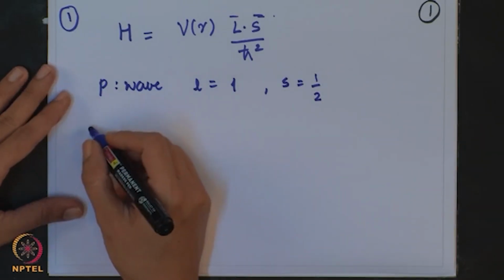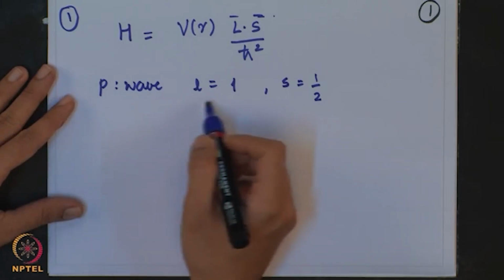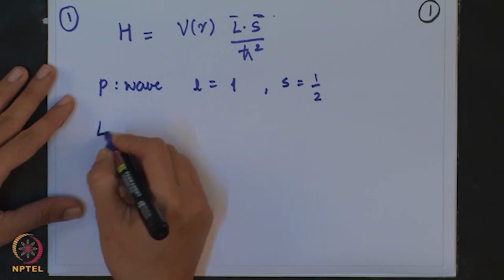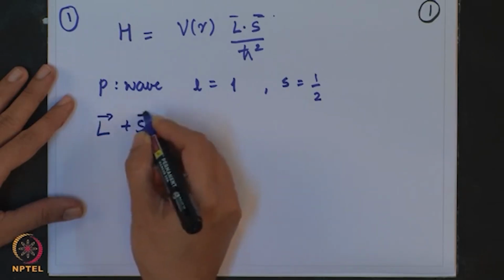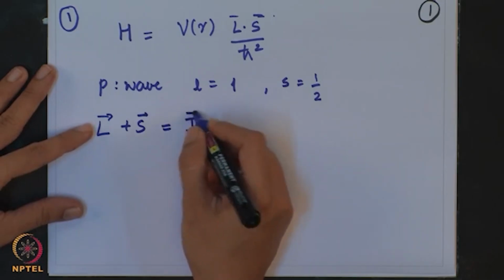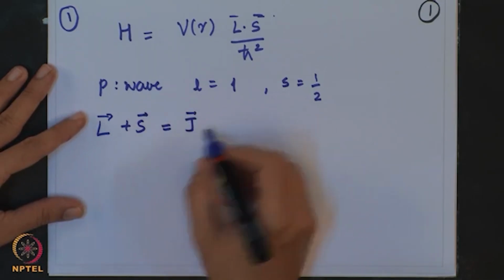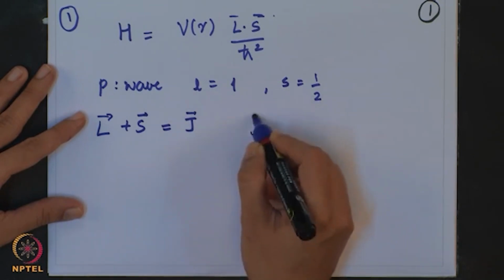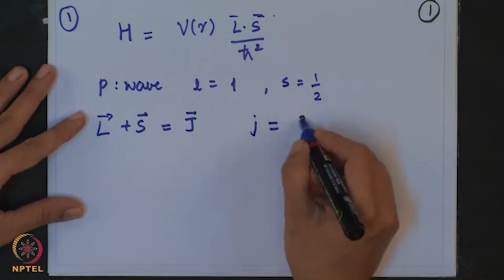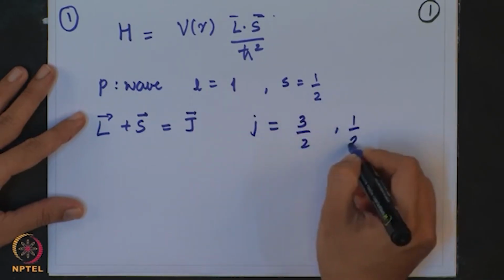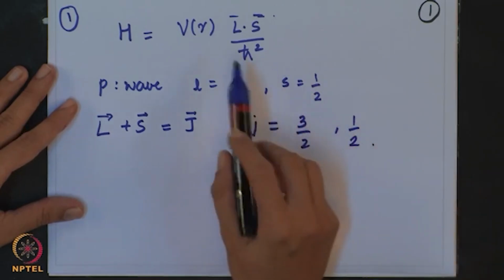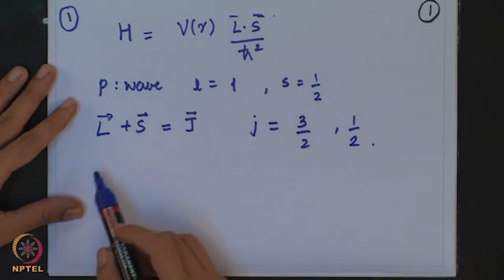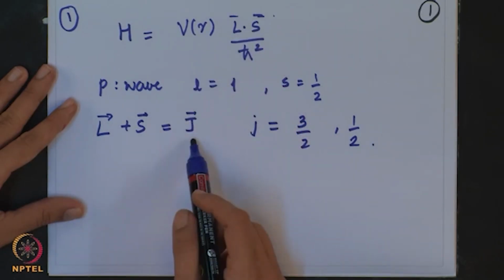And so, the orbital state for P wave is L is equal to 1, and when you talk about this coupled system, L plus S is J. So, now with L is equal to 1, S is equal to half, J can take values 3 by 2 and half.